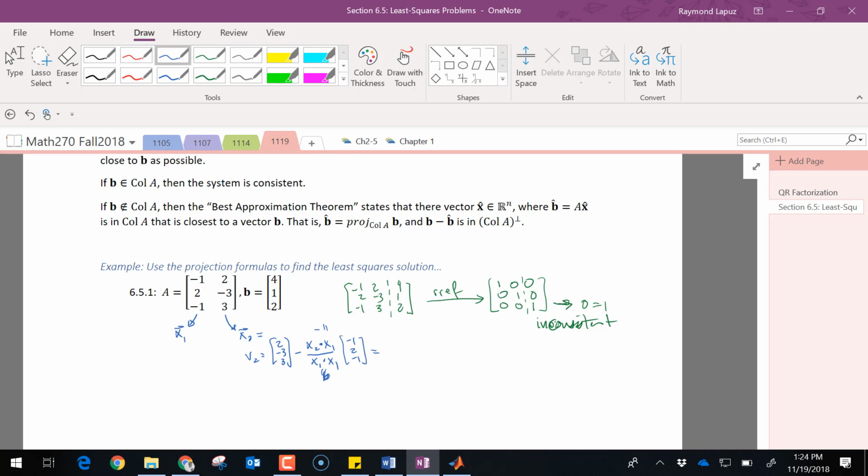So what do we have? Can't reduce 11 over 6. So 2 minus, minus, and a minus. So eventually a minus. 2 minus 11 over 6.